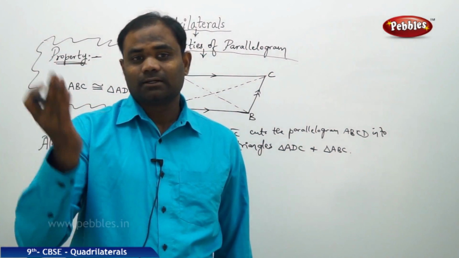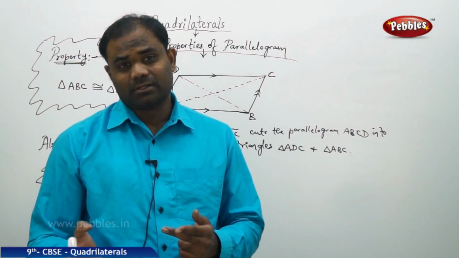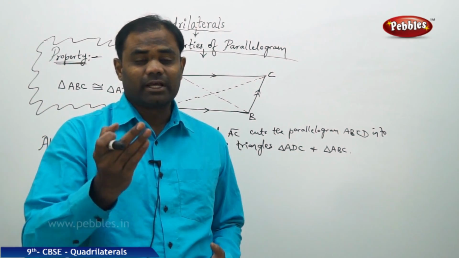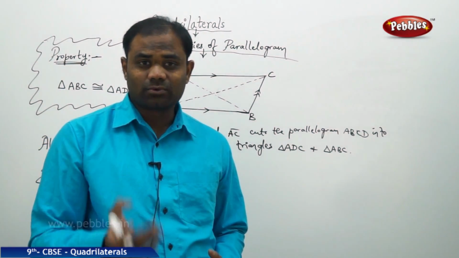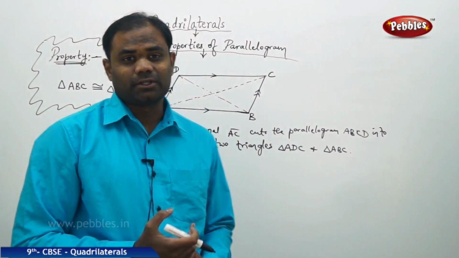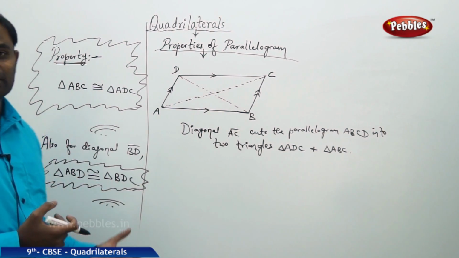A diagonal cutting the parallelogram into two triangles makes the two triangles congruent to each other. This congruent to this and this congruent to this.